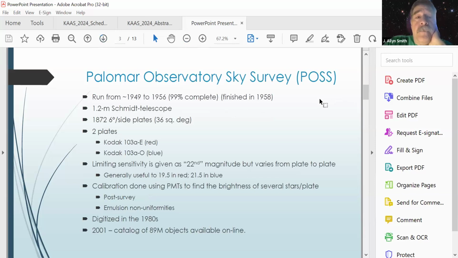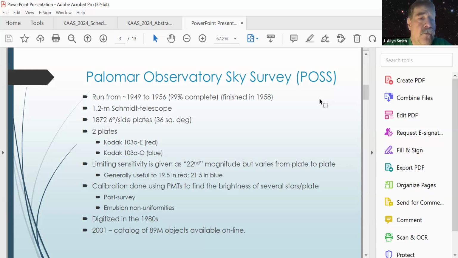So the POSS-1, the first epoch, was a 2-plate survey taken essentially in the early 1950s. They started in late 1949. They were 99% complete by, I think it was June of 1956, and then finally finished it in 1958.